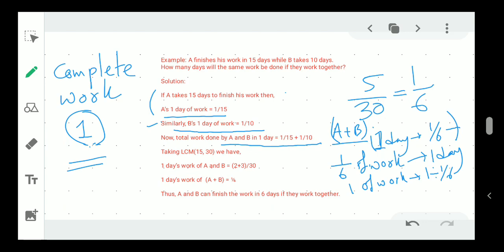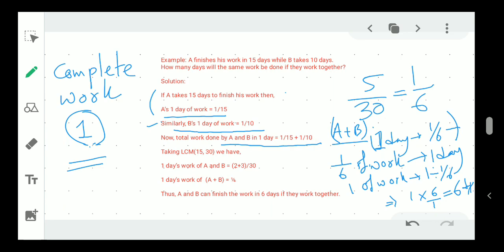That means 1 into 6 by 1, because now you have to flip it. In division of fractions, you have to flip it. So that means it will be 6 days. Okay, so again I am telling what they have done. They have first taken out how much is the work of A for 1 day.